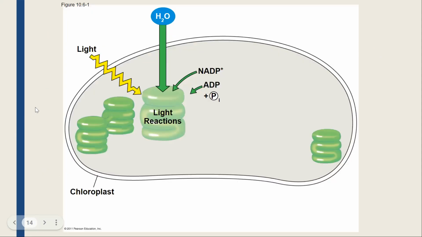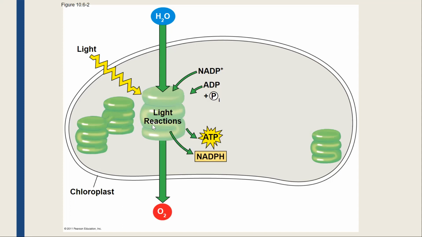So this diagram kind of sums up the light reactions and the Calvin cycle. So we start with the light hitting the chlorophyll and the other pigments that are in the thylakoids. And then the water is split and oxygen is given off. And as a result of the light reaction, ATP and NADPH are made.